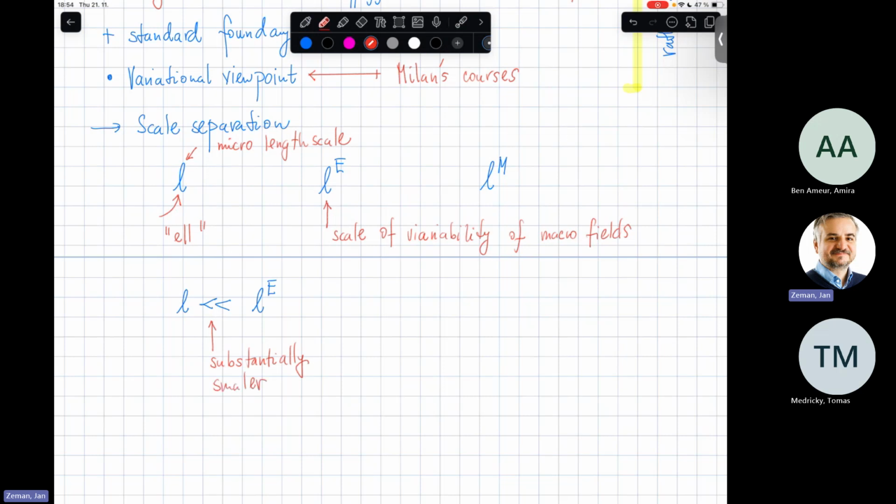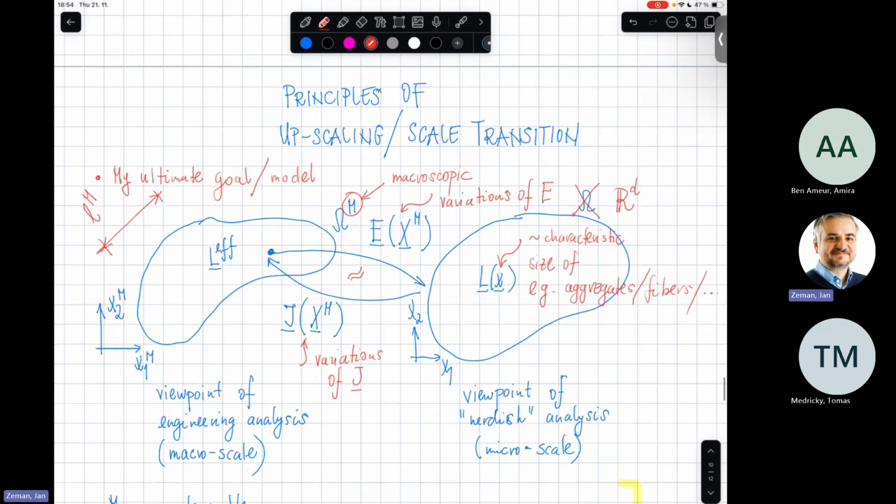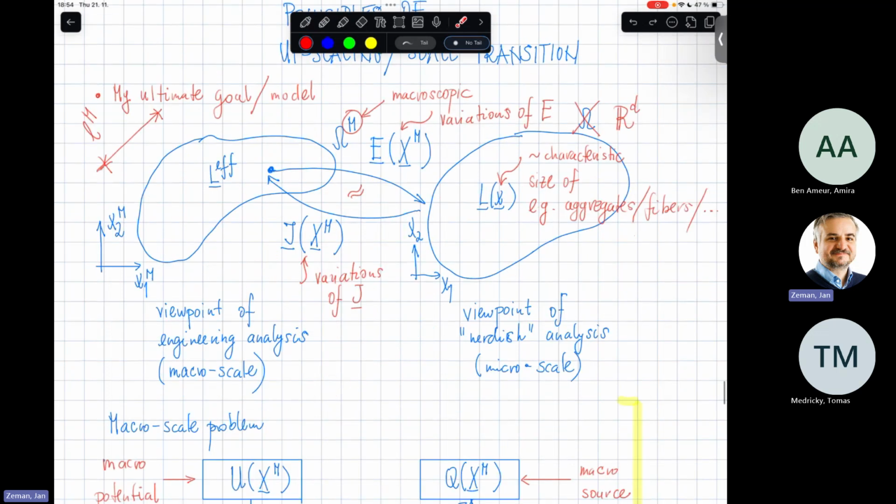And why I need that is that if this L here, so this characteristic variation, is by several orders of magnitude smaller than the scale on which this quantity varies, then if you recall, here I was assuming that I have my microstructure subjected either to capital E or capital J, but these were constant everywhere.